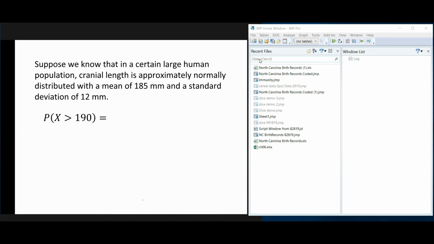So I can standardize this, and that's the probability that (x minus mu) over sigma is greater than (190 minus 185) over 12. So that becomes the probability that a standard normal random variable z is greater than 5 over 12.